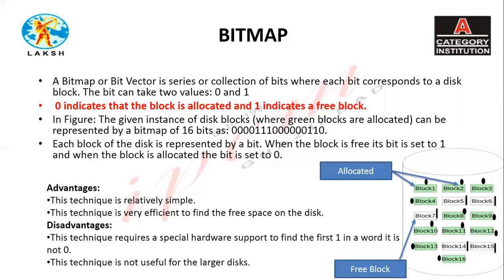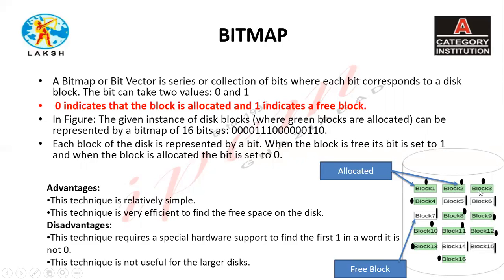So the first one is the bitmap. Here we can create a bitmap of the free or allocated disk blocks in terms of 0 or 1. In this diagram you can see the disk blocks numbered from 1, 2, 3 till block 16.